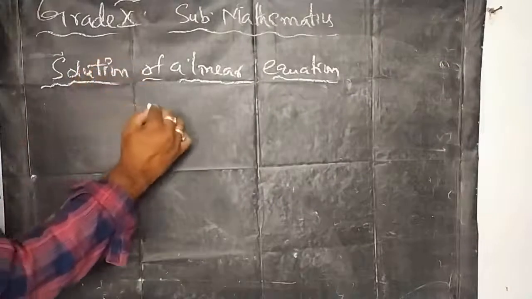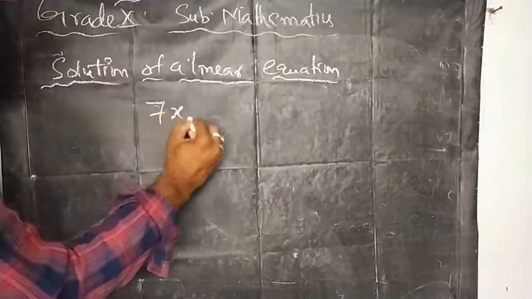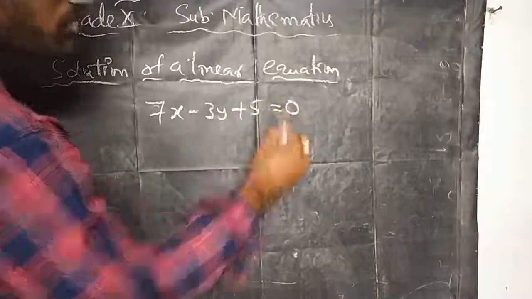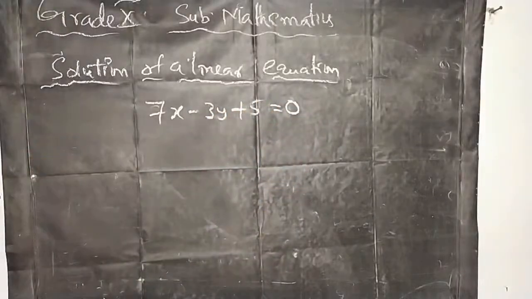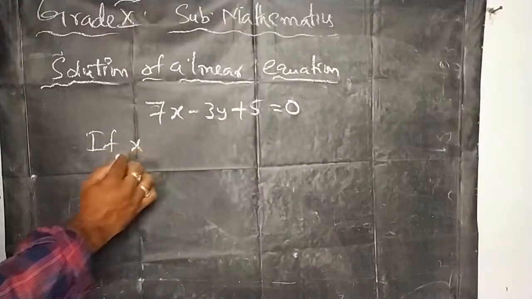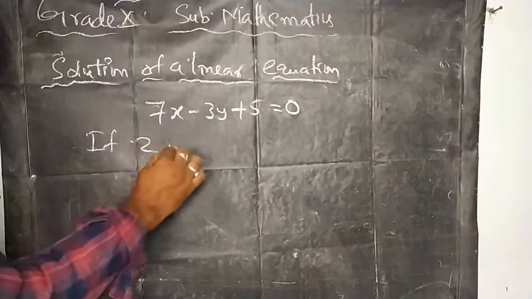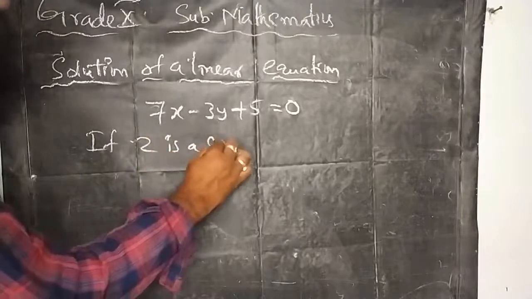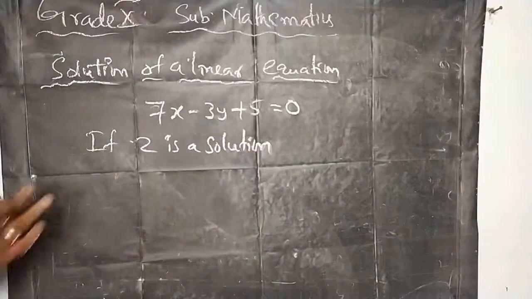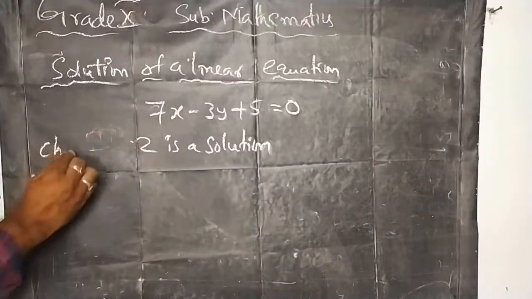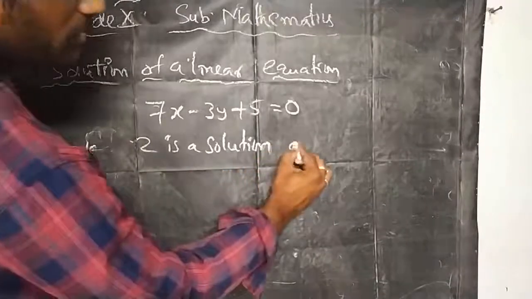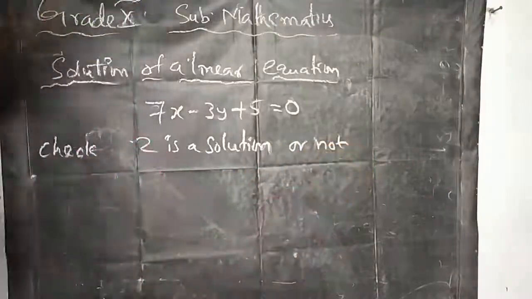For example, let me give a linear equation: 7x minus 3y plus 5 is equals to 0. This is the linear equation. If 2 is a solution, check whether 2 is a solution or not. So he is asking a question whether 2 is a solution or not.